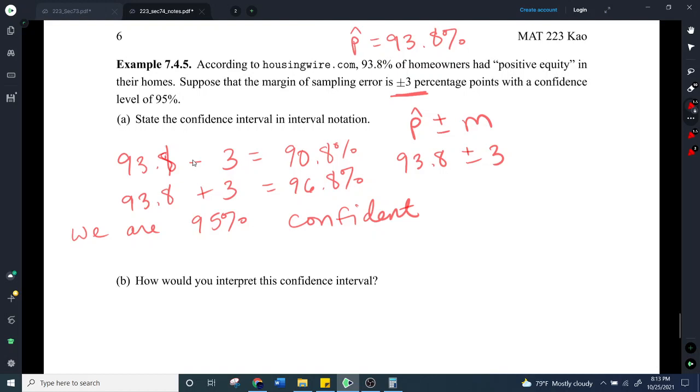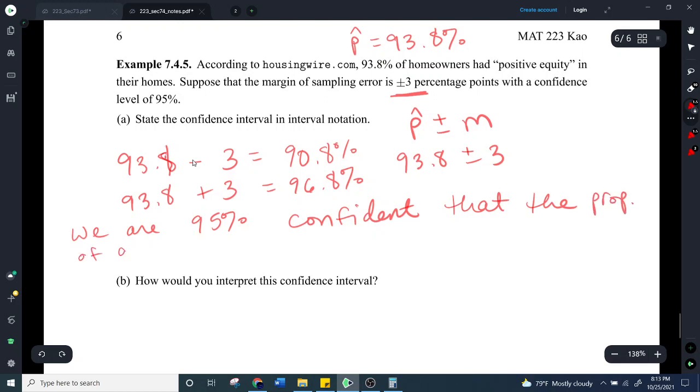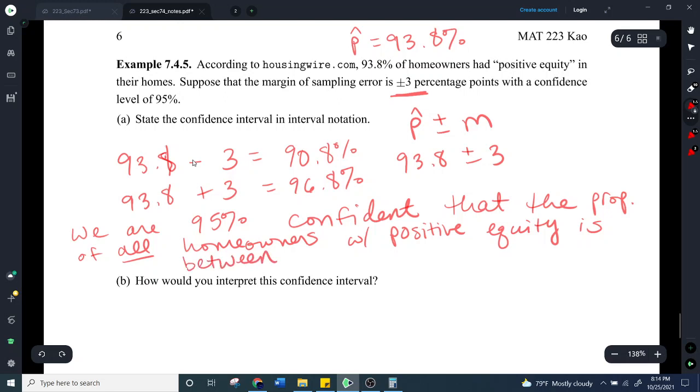So we are 95% confident that the proportion of all homeowners with positive equity, the real proportion, is somewhere between 90.8% and 96.8%. So the next question is, how would you interpret that?